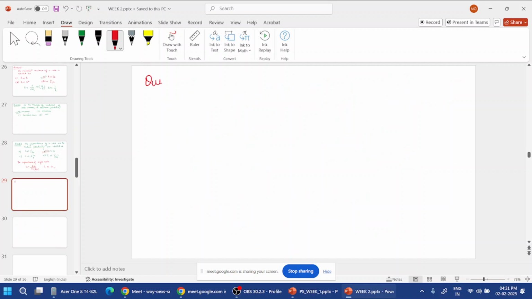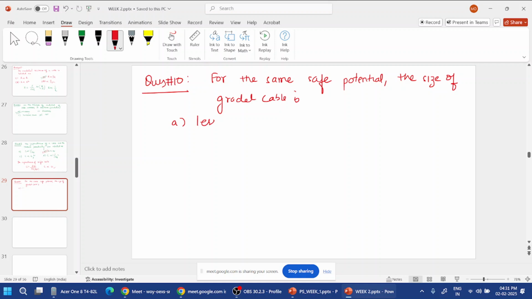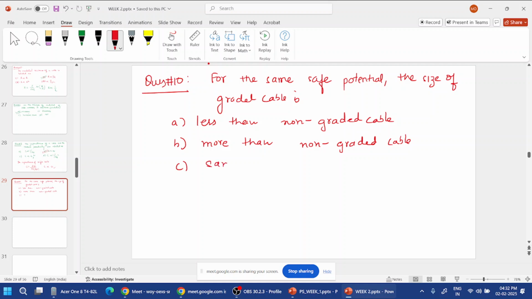Now question number 10. For the same potential, the size of a graded cable is: first option, less than a non-graded cable; B, more than a non-graded cable; C, same as a non-graded cable; D, none of the above.